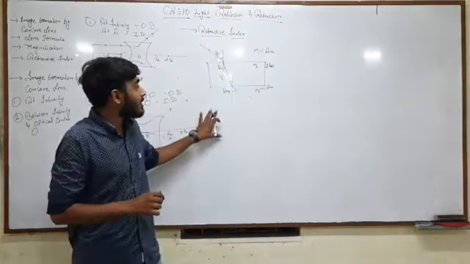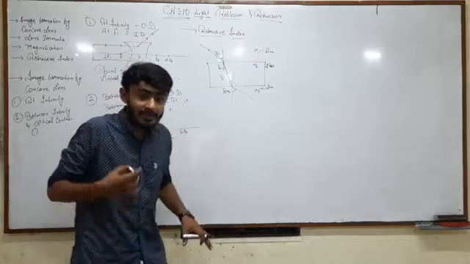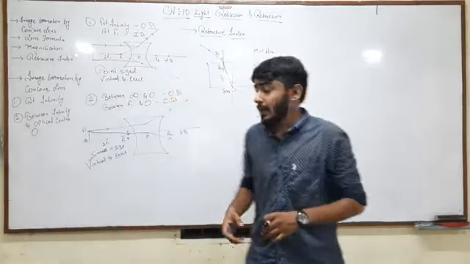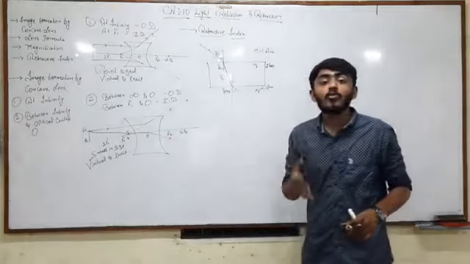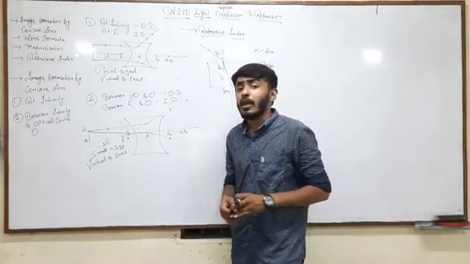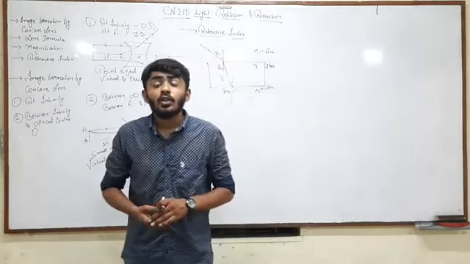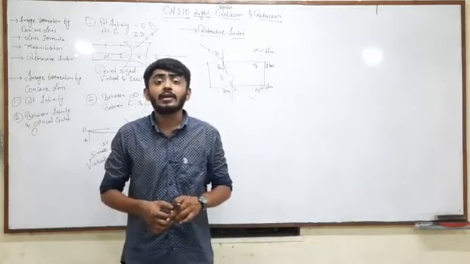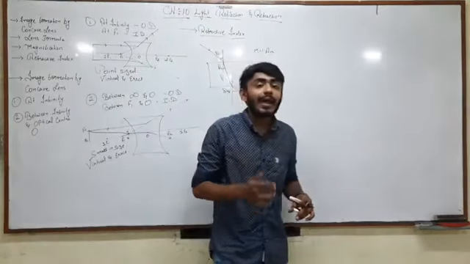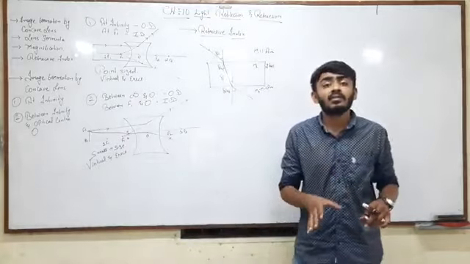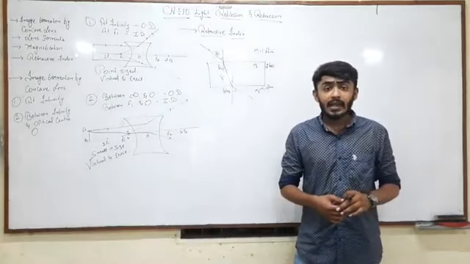So whenever this type of phenomenon is happening, what happens? The speed of light also changes. You know what is the general speed of light in air? The speed of light in air is said to be the fastest thing in the galaxy.